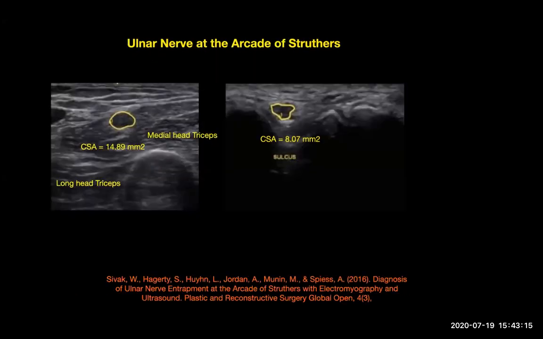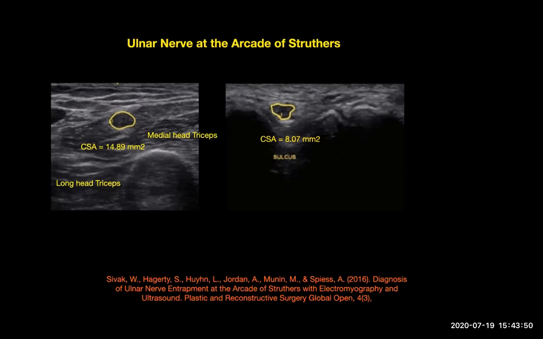So here, this is the cross-sectional area of the elbow. This is already at the cubital tunnel area. And so as we see here, it used to be that when there is any impingement of the ulnar nerve at the cubital tunnel, it could just be an asymptomatic type of subluxation, like in leprosy or Hansen's disease.